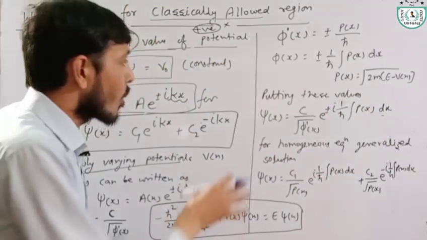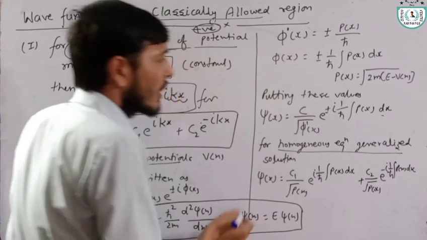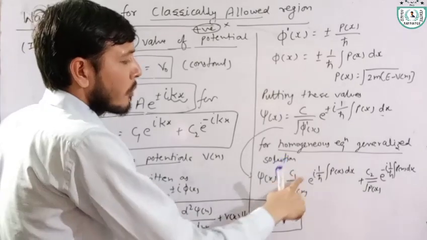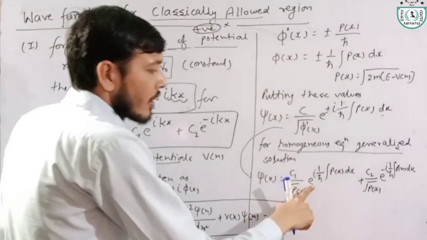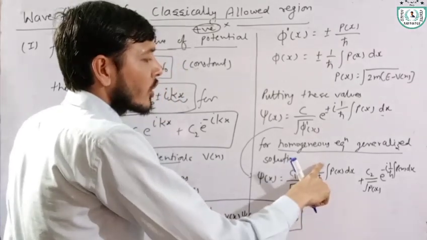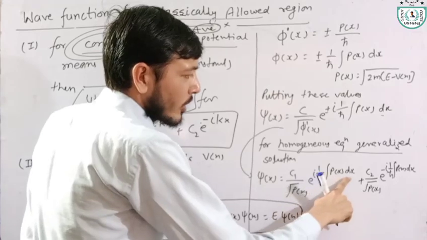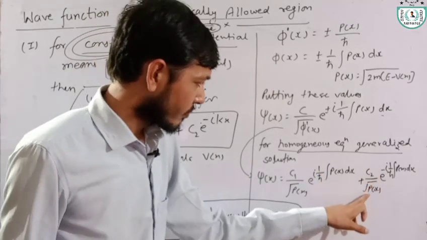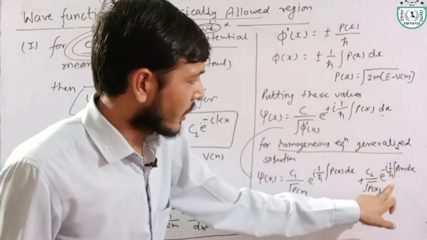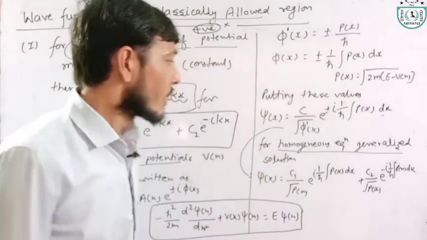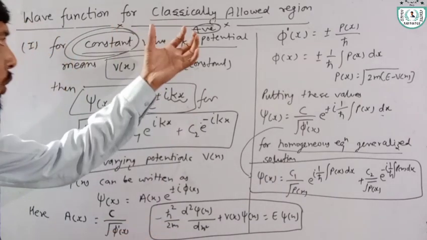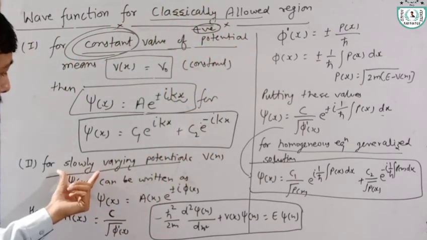For the generalized solution, we can write psi of x is equal to c1 upon root p of x into e raised to power iota 1 over h cut integration p of x dx plus c2 over root p of x e raised to power minus iota 1 over h cut integration p of x dx. Okay, this is the wave function for a classically allowed region when the potential is slowly varying.